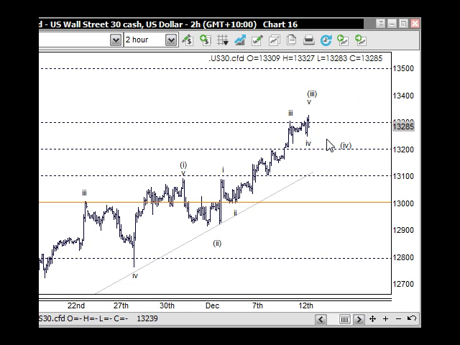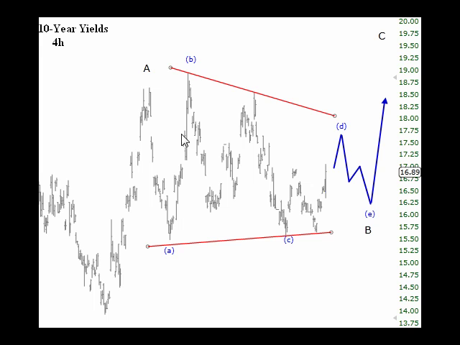Elliott is a bit of a guessing game sometimes, and other times we can use it with a fair bit of confidence. In using it with a fair bit of confidence, the main trend, as you can see here, is to the upside. Also supporting the push to the upside would be the yields here.